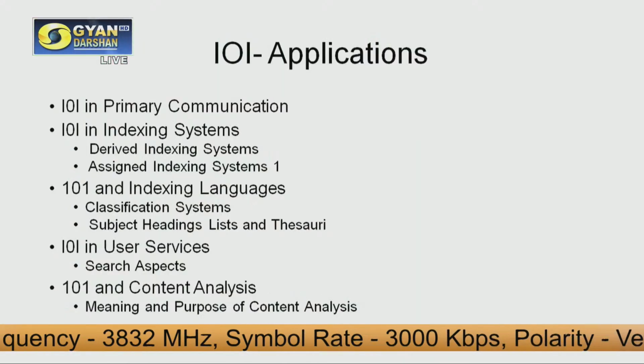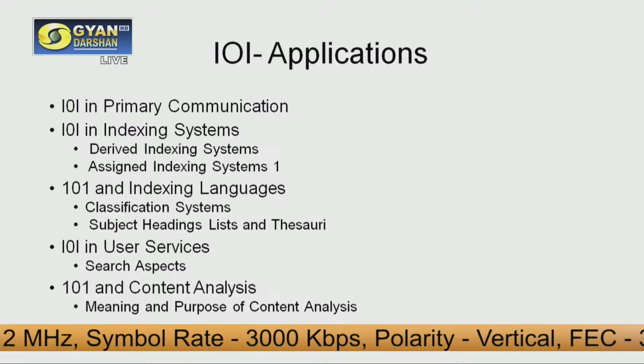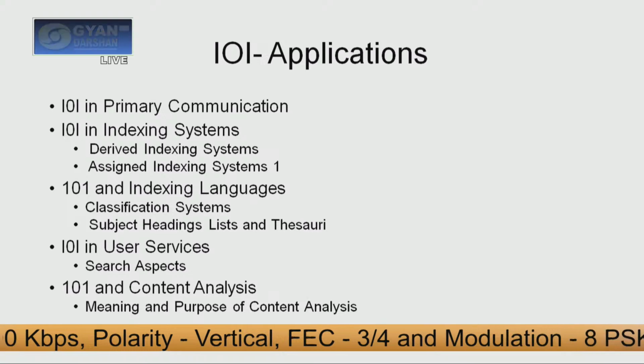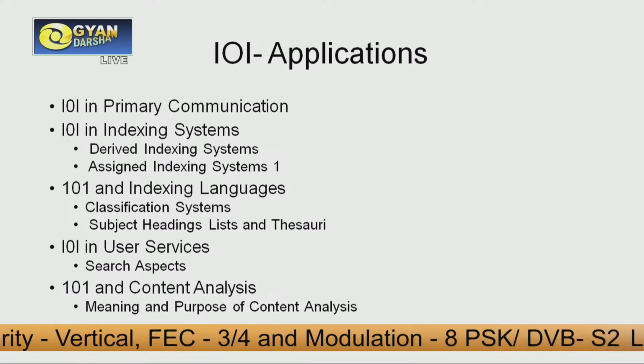Similarly, in case of indexing languages, whether it is thesauri or subject indexing lists or classification systems, intellectual organization of information is very important. If you just open a list of subject headings, whether it is CS list or Library of Congress list of subject headings, you would find that if you want to really use it, you have to see what is the philosophy, what are the principles.